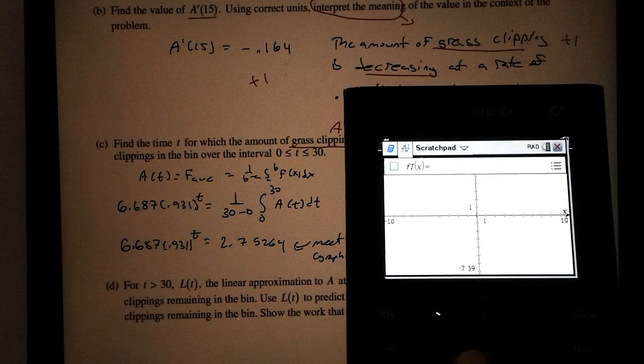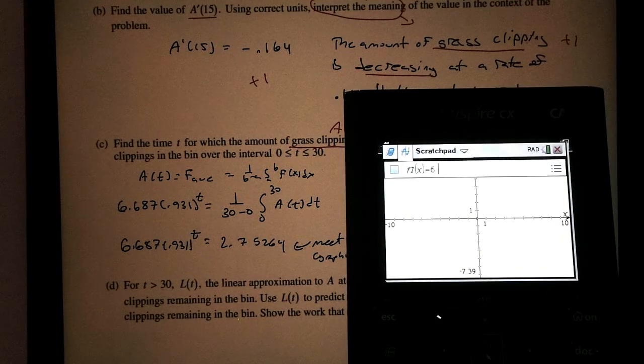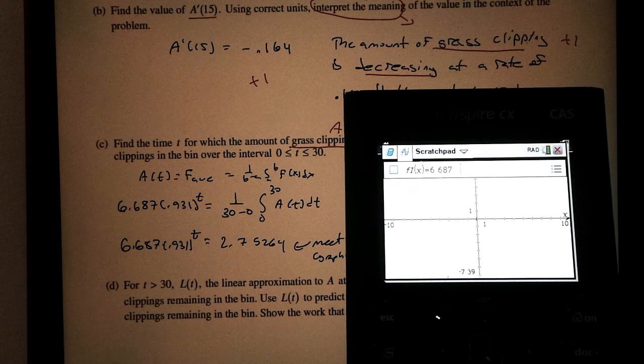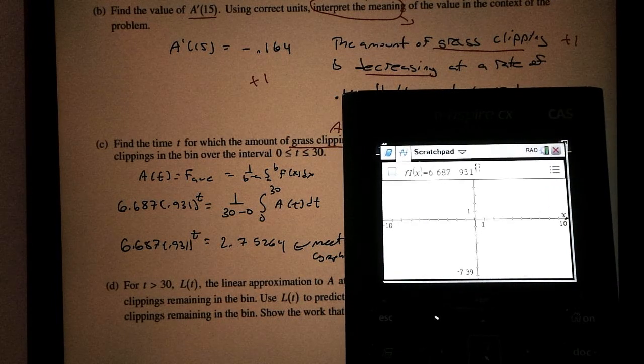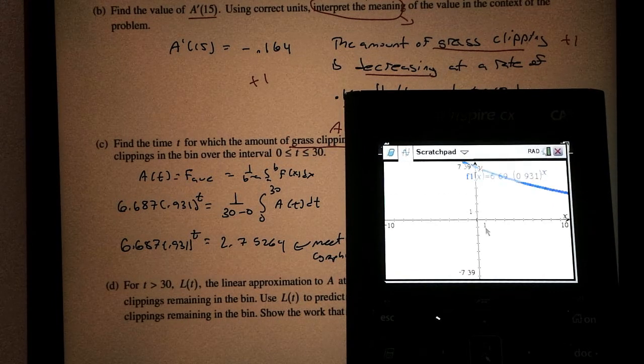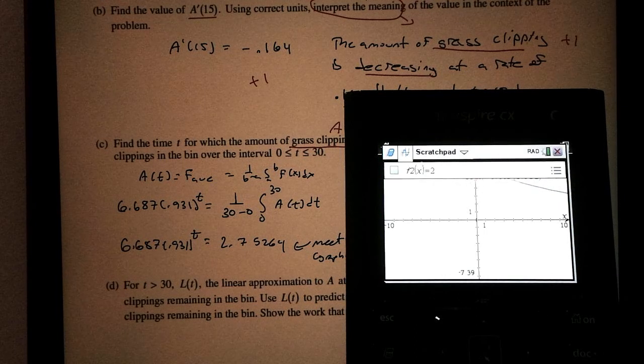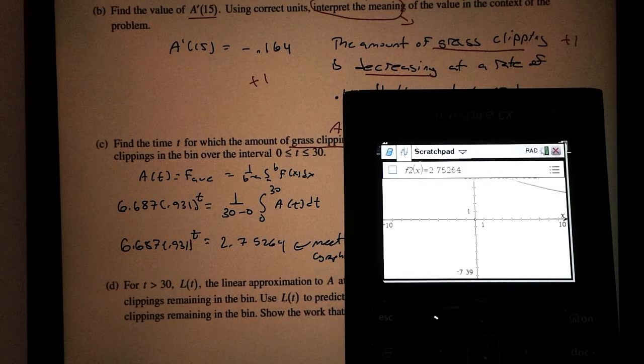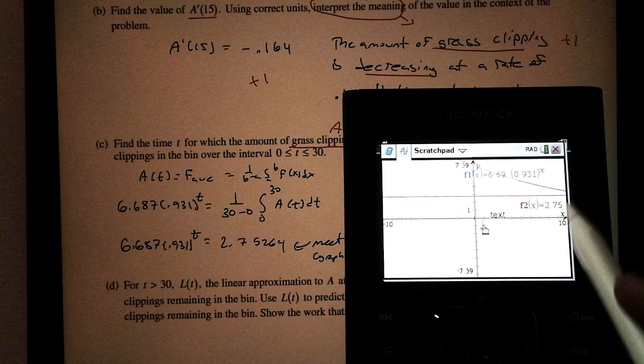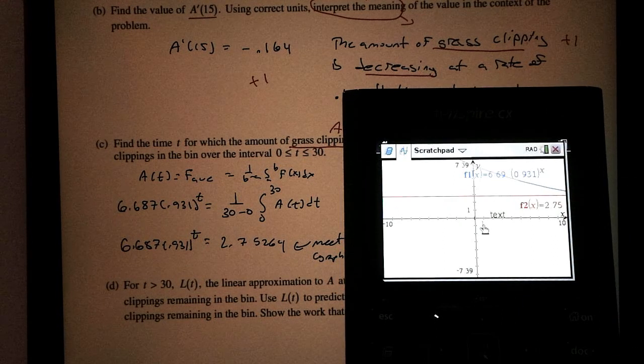So the first thing I'm going to do is graph my function, 6.687 times 0.931 caret x. Enter. There it is. And then I'm going to graph 2.75264. And I'm going to look for where they meet. I got to go a little bit further here, so I might change my menu.